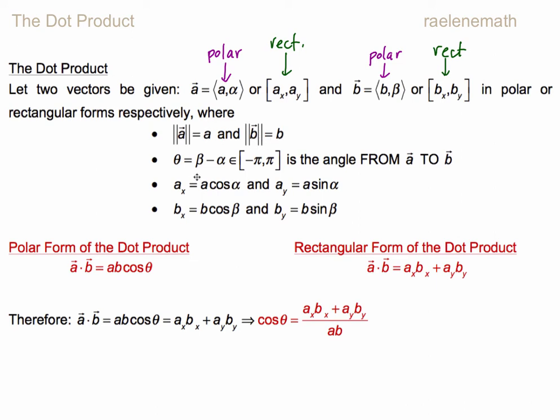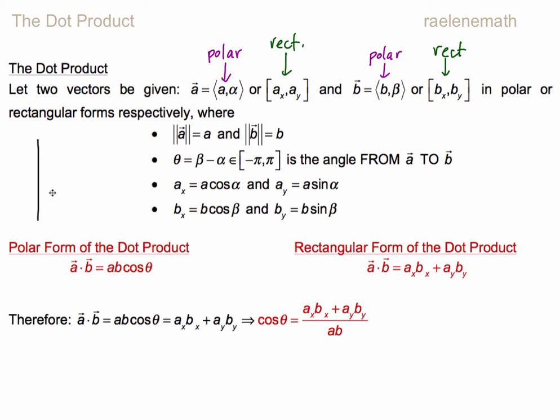Same thing for the b. We are going to define theta to be the angle from vector A to vector B, so it's the final angle minus the initial angle, and that value will never be outside the interval of negative pi to pi. And we also have the x and the y components, or the horizontal and vertical components, of the vectors.